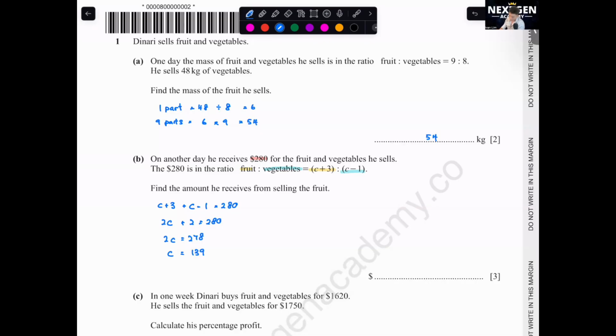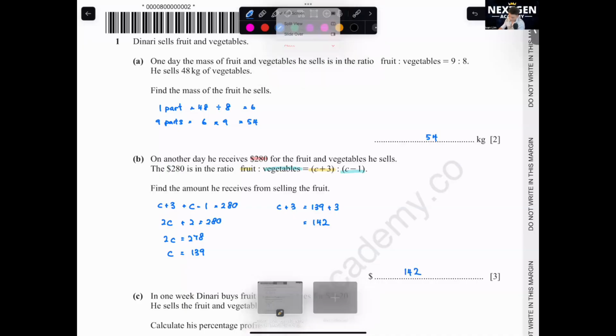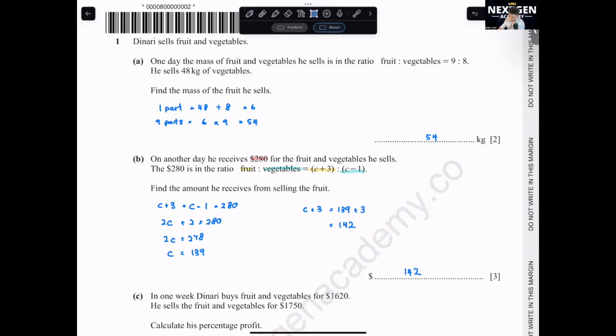And then fruit has C plus 3, so C plus 3 is 139 plus 3, which equals 142. This is for your fruit.